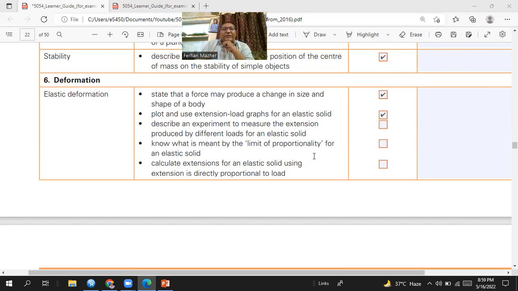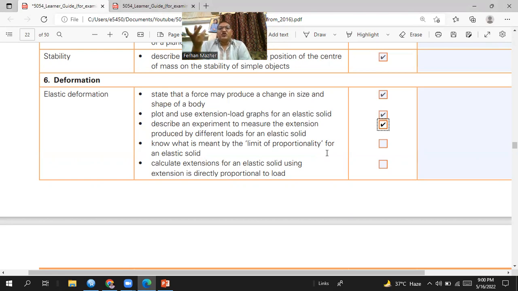Describe an experiment to measure the extension produced by different loads for an elastic solid. For example, you take a spring, you find its unstretched length L naught, then you hang, let's say, 1 Newton weight on it. You note what the length is, and then you use the formula extension is equal to L minus L naught, and you note down the extension.